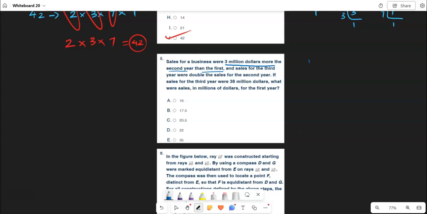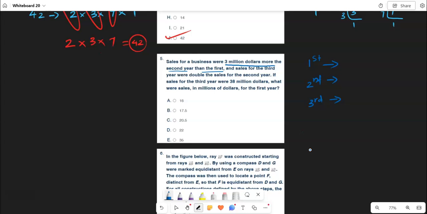So we have first year, second year, and third year. It is saying that sales were $3 million more in the second year than the first.